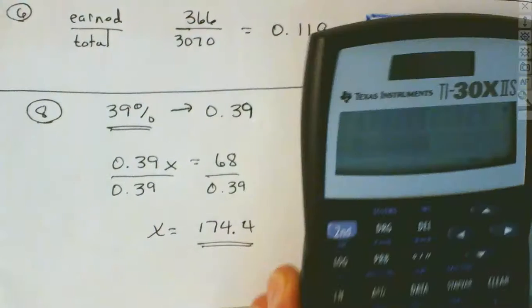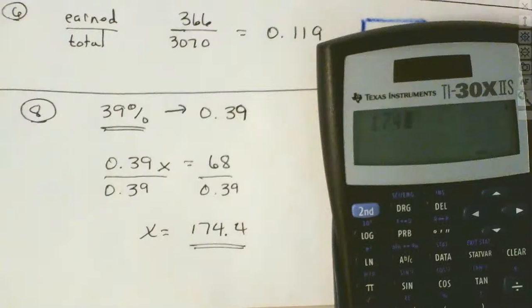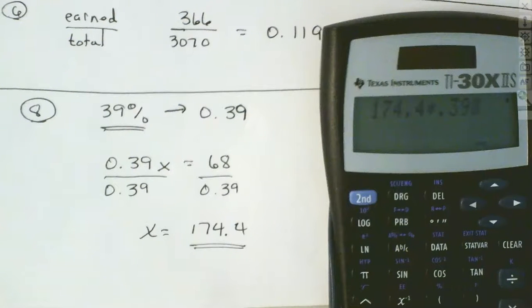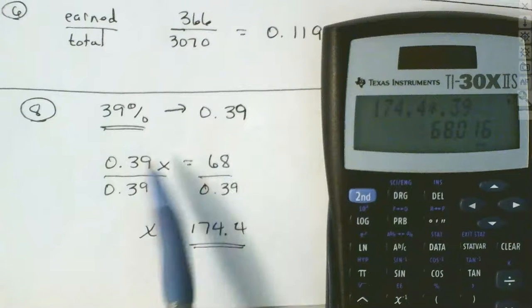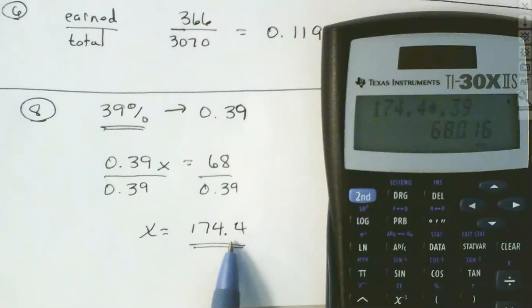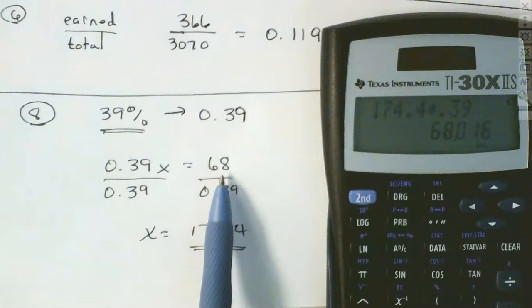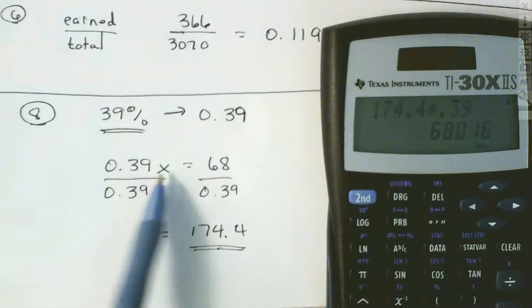If I take 174.4 and I multiply that by 39%, what should I come up with? 68, right? It's off a little bit because of the rounding. There's that number, okay? So 39% of this number should give you what? 68. Do you see how I set it up?